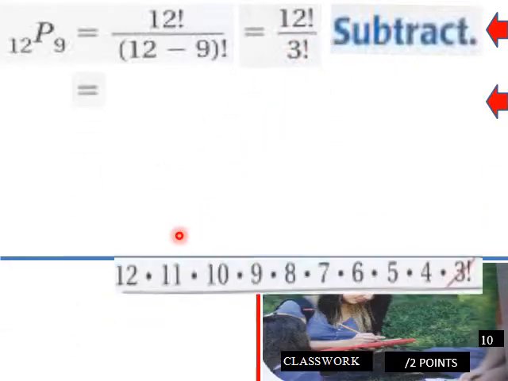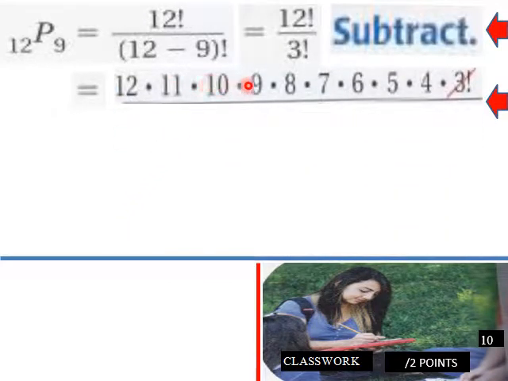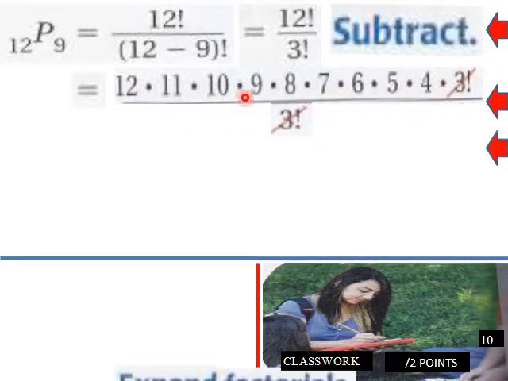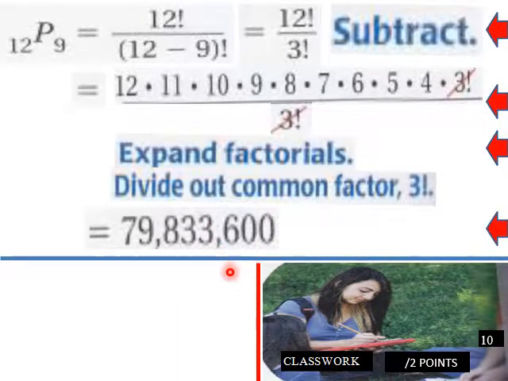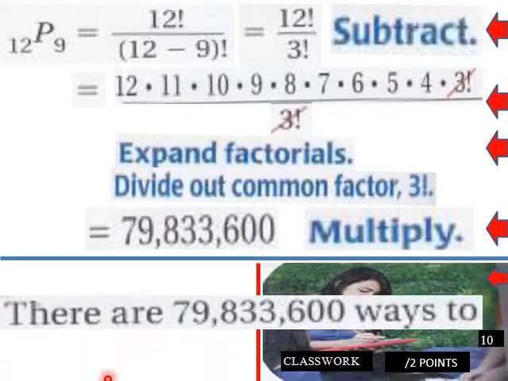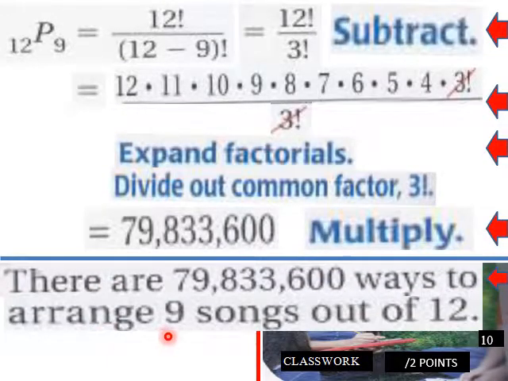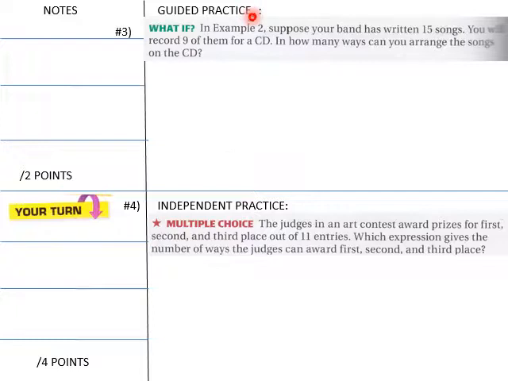That equals 12, 11, and so on down to 4, and our 3 factorials cancel. Divide out, and we have 79,833,600. Wow.